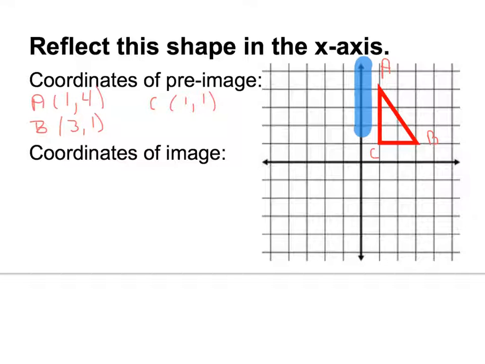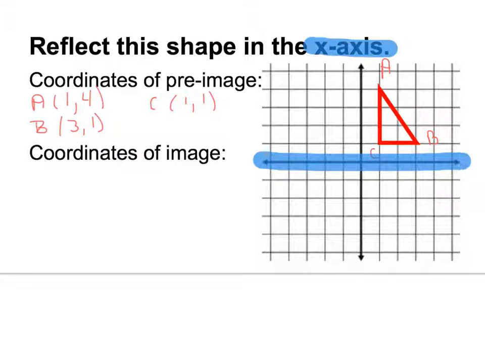Let me erase that. We are going to highlight on the x-axis. Classic mistake. What you want to do here is highlight the axis that we are reflecting in. The x-axis is here, and we're going to highlight along the x-axis. Okay, so do the same with your paper.